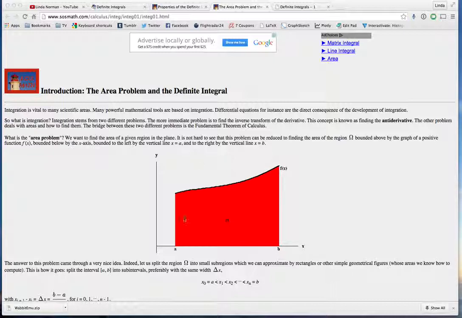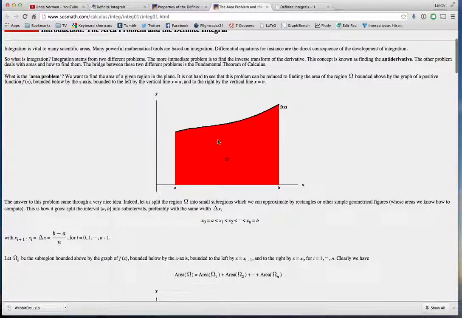So if you look at this picture here, you've got a function, f of x, right here. We're bounding it on the x-axis between a and b, and the function bounded between these values on the x-axis produces a geometric structure.